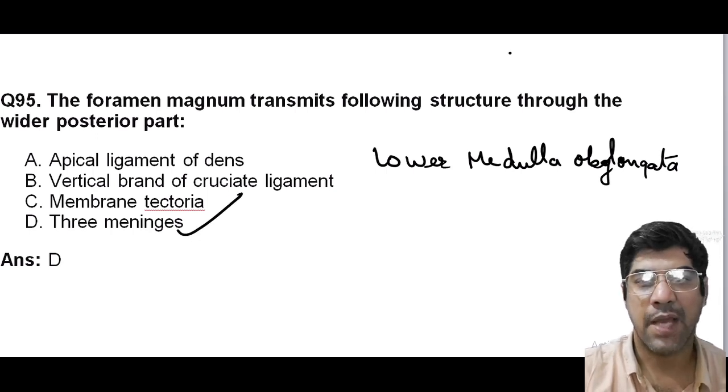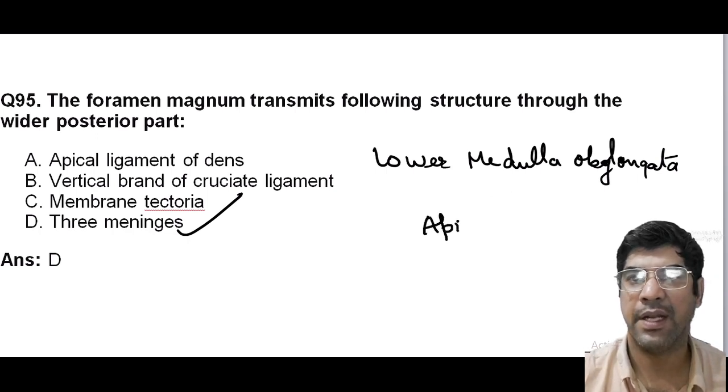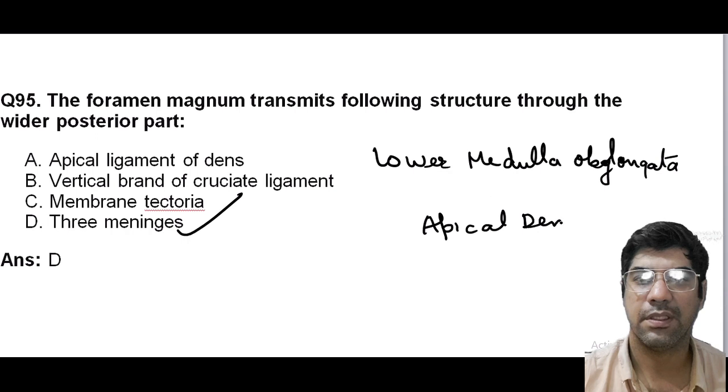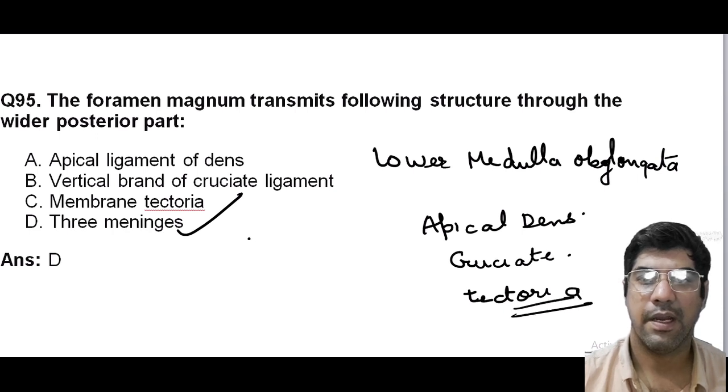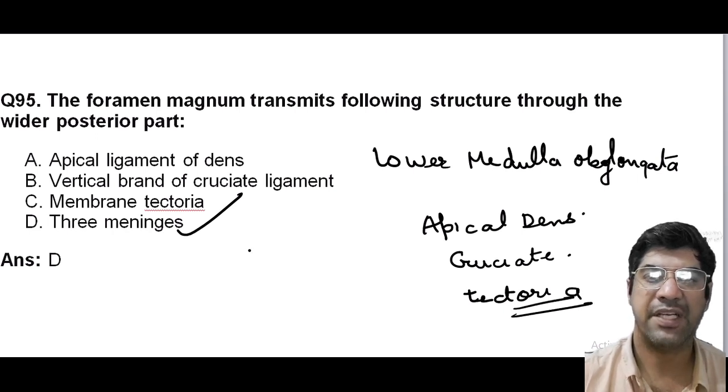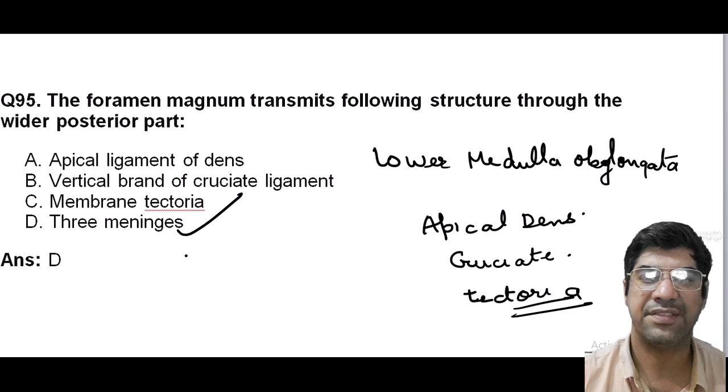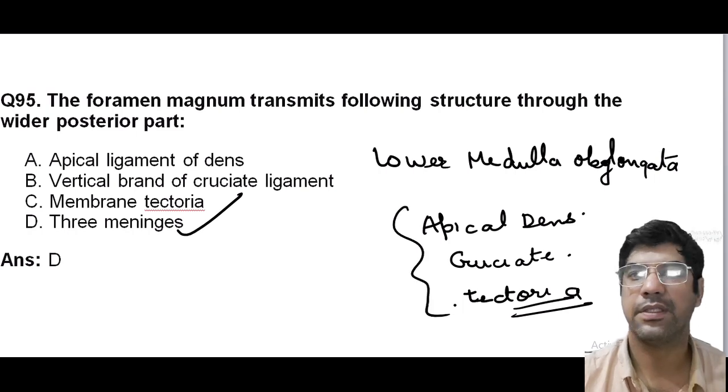And from the narrow anterior part, the structures passing are the apical ligament of the dens, cruciate ligament, membrana tectoria. Through the subarachnoid space, the structures passing are the spinal accessory nerve, vertebral nerves, and sympathetic plexus around the vertebral arteries.